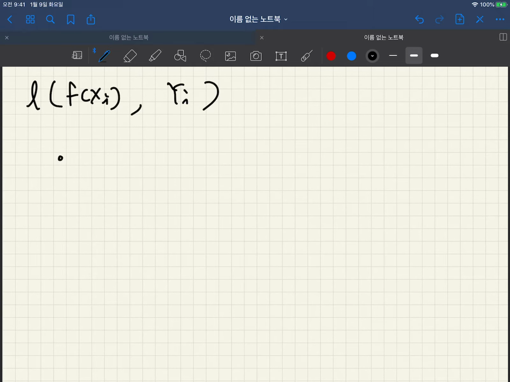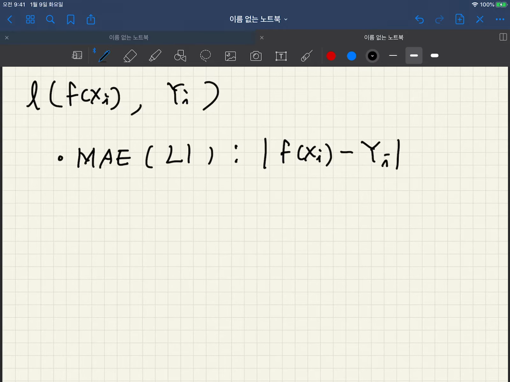One very popular metric for this purpose is mean absolute error, sometimes called L1 error because it comes from the L1 norm. This basically just computes the absolute value of f(x_i) minus y_i. It's very intuitive.